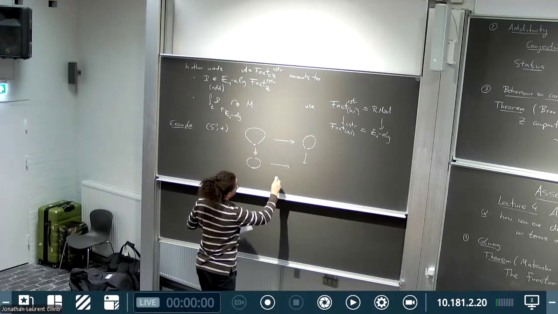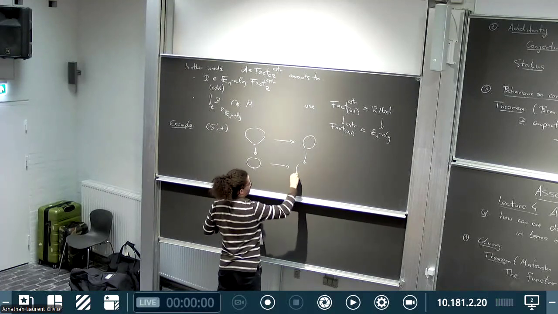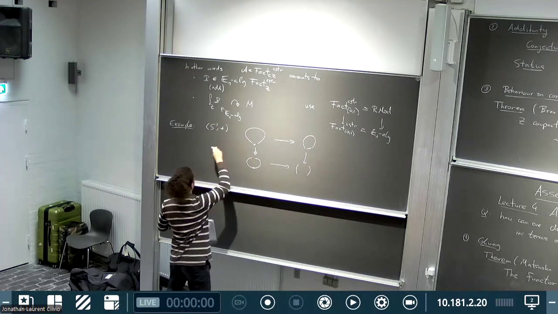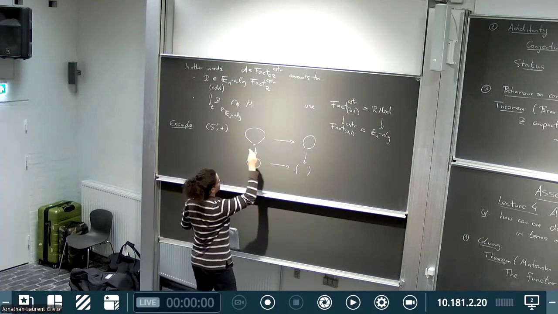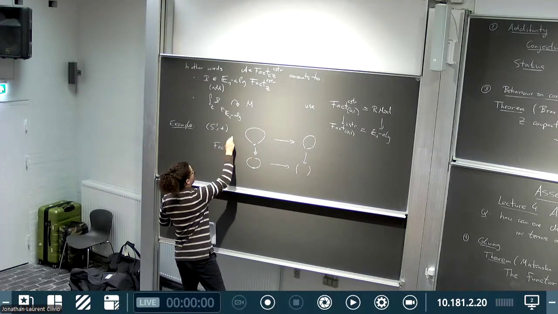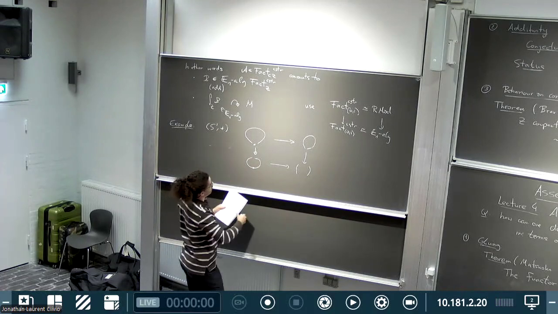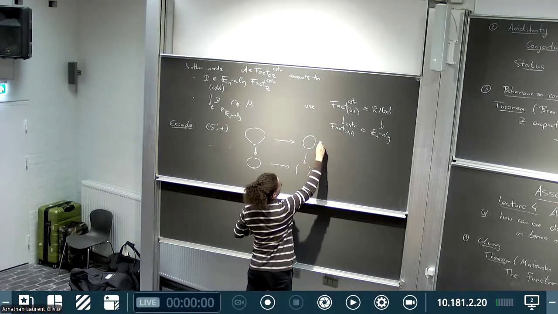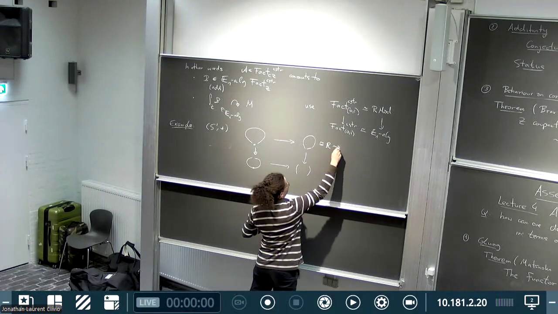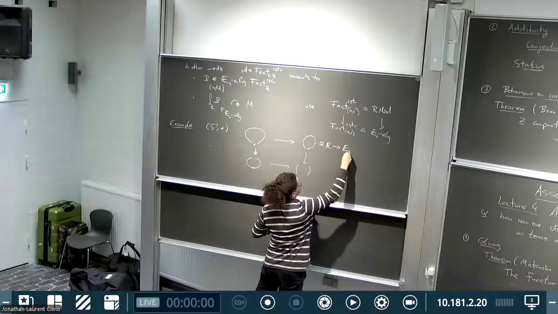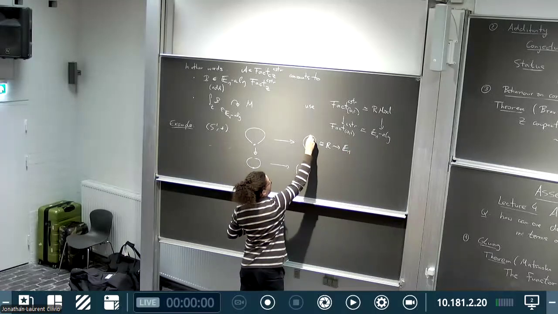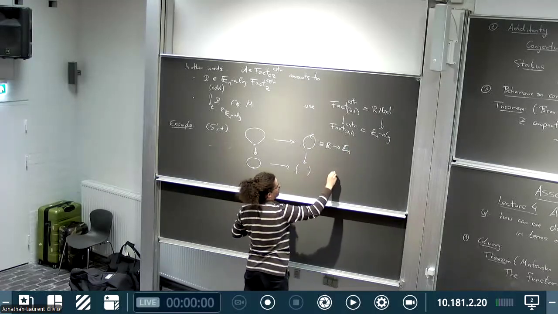And then the induced map here. So here this is just R, so here we just have V1. And here we have two copies of V1.